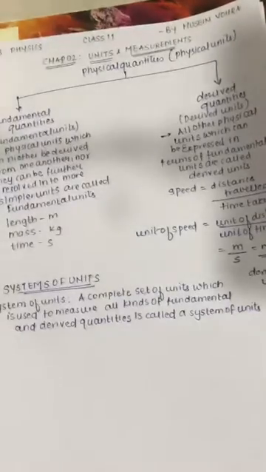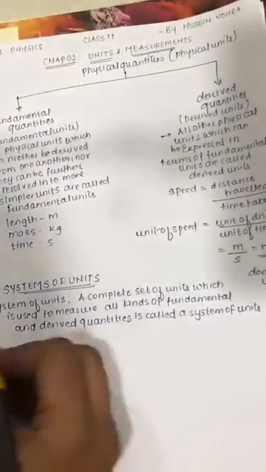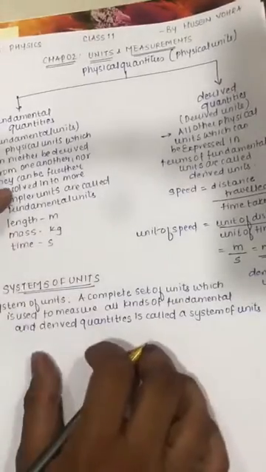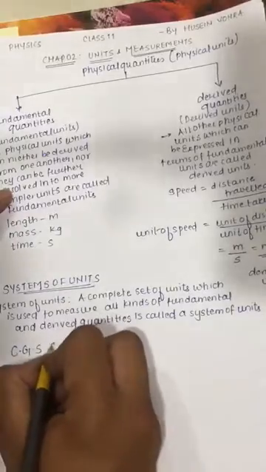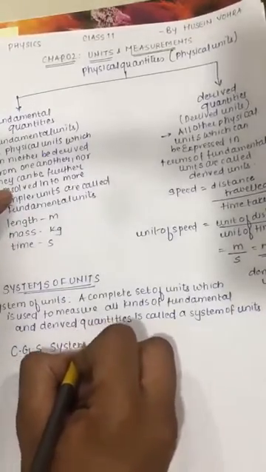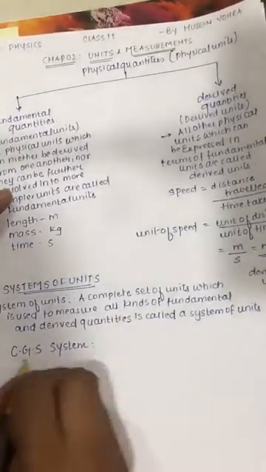System of units. Now, the very first system that came into existence was the CGS system.